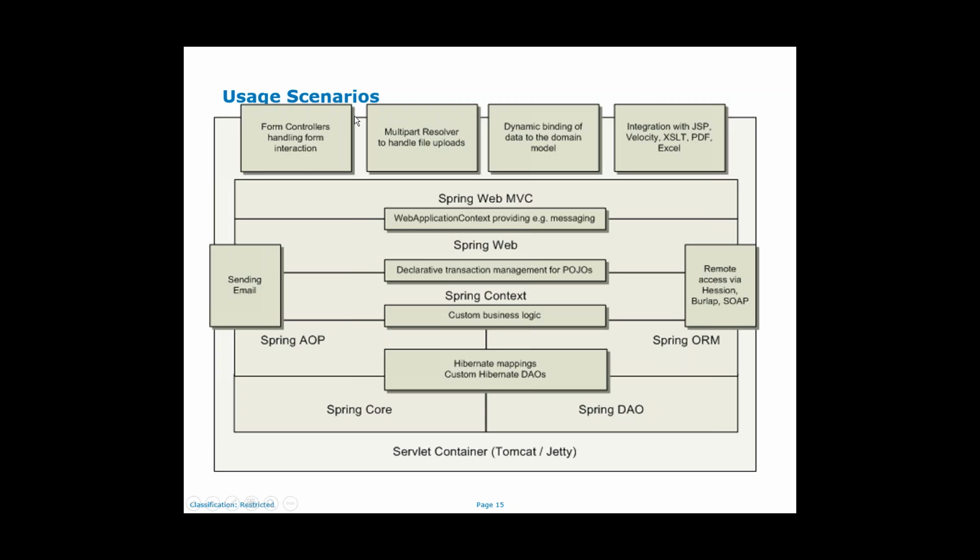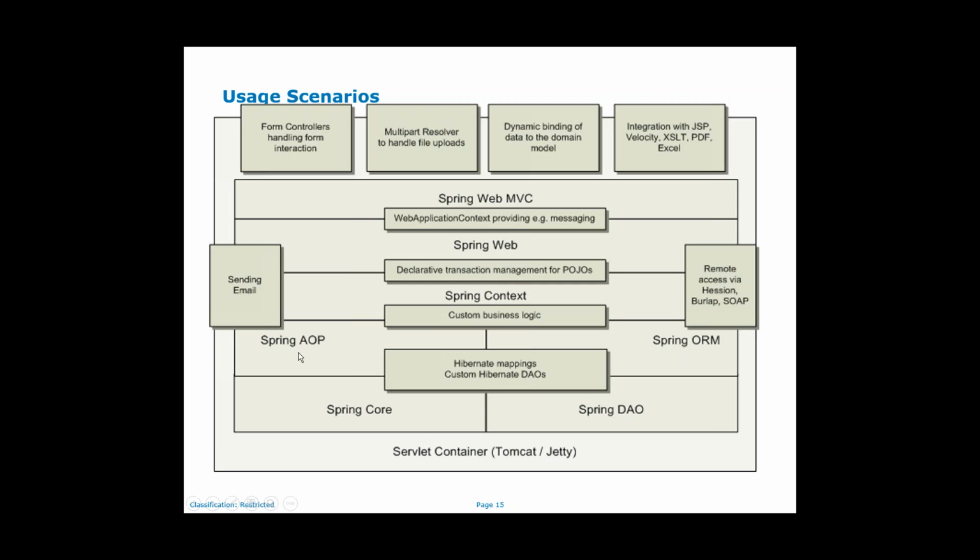See, this is how it is built up. First you have the server container, that is Tomcat or Jetty. You don't require any application server to run this. At the base you have Spring Core and the Spring DAO that will support the Hibernate mapping and the custom Hibernate DAO.